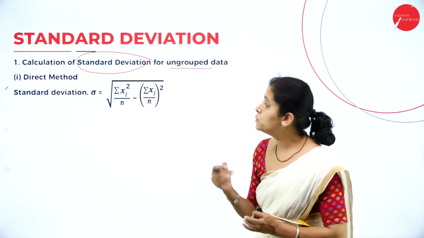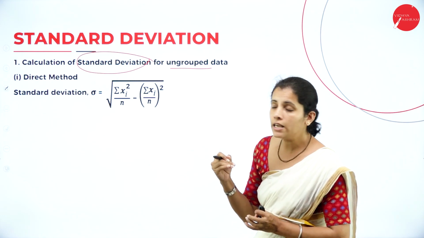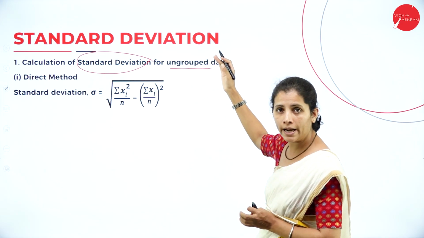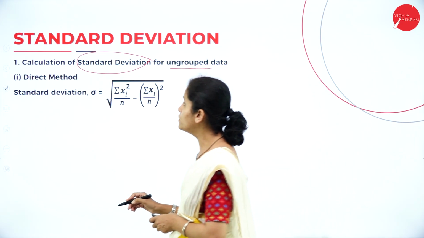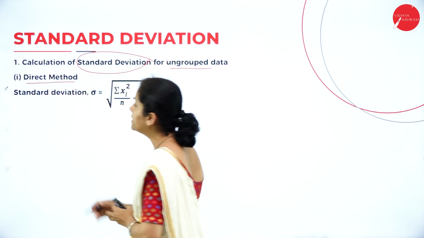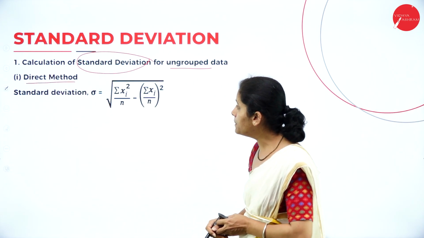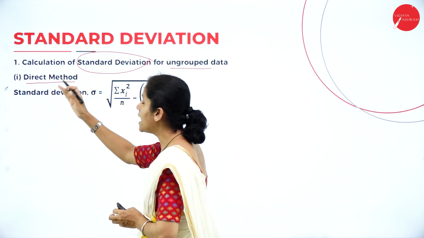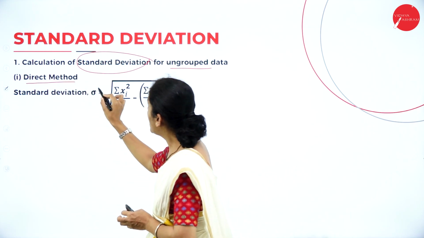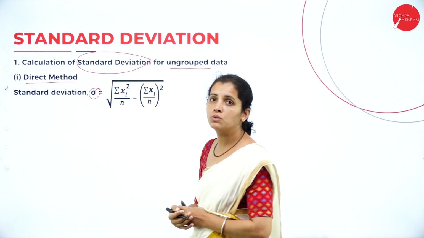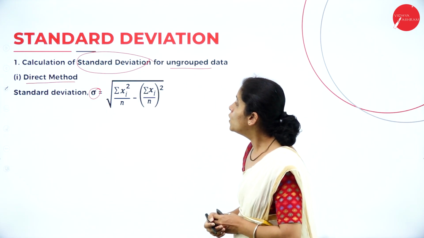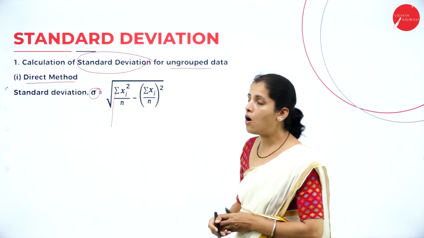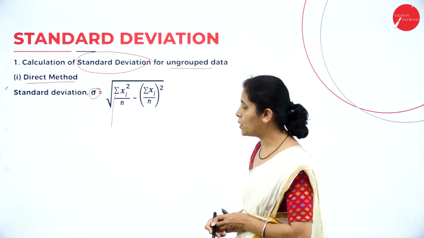Now let me discuss the calculation of standard deviation for ungrouped data. In that, I'm going to have the direct method. In the direct method, I'm going to have the formula, that is standard deviation, represented using sigma, whole square root of summation of xi square.